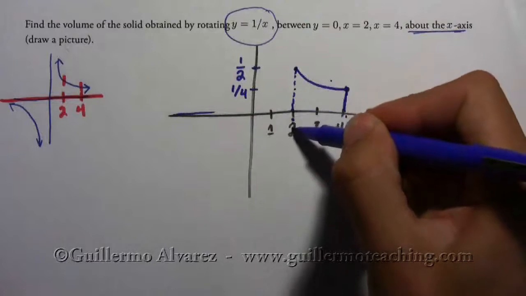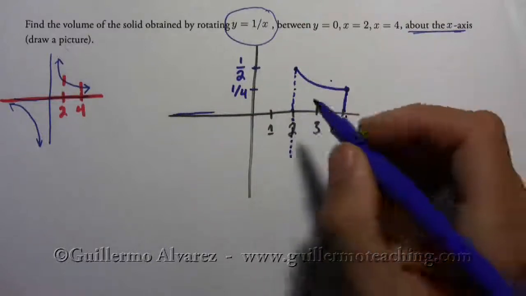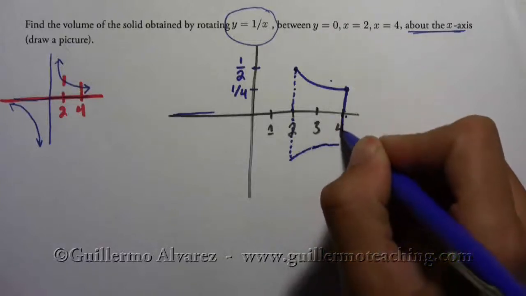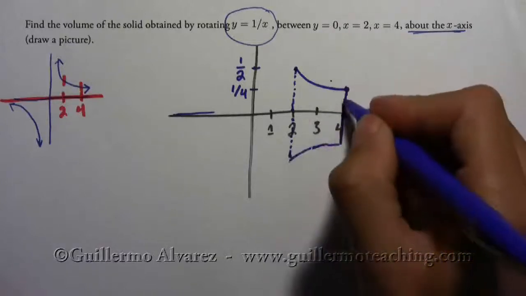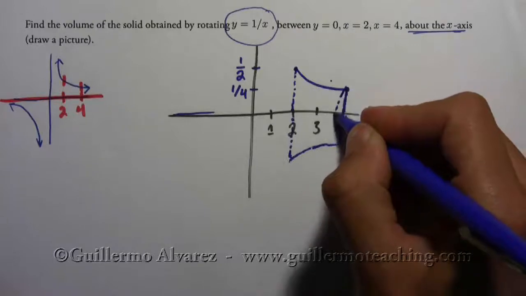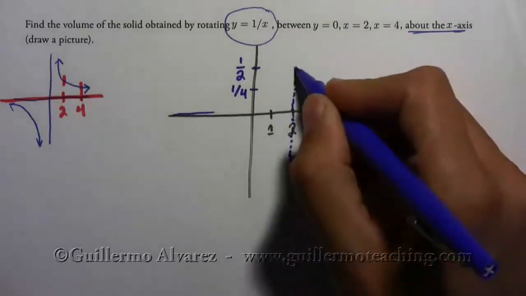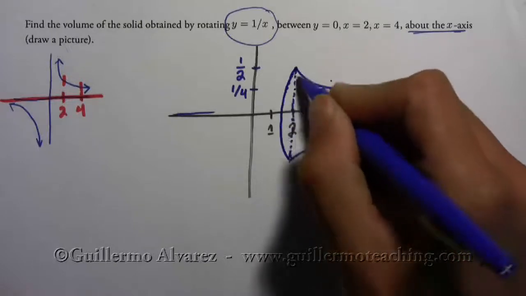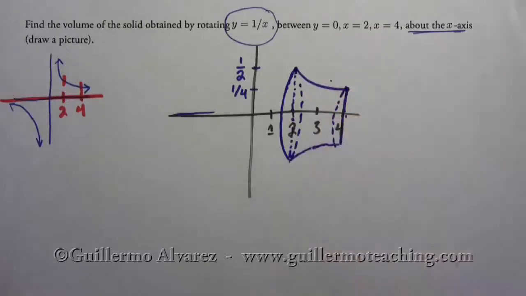What you're going to get is this reflected completely across, and we end up with something that looks kind of like a trumpet. So this is the surface of revolution that I want to find the volume of.